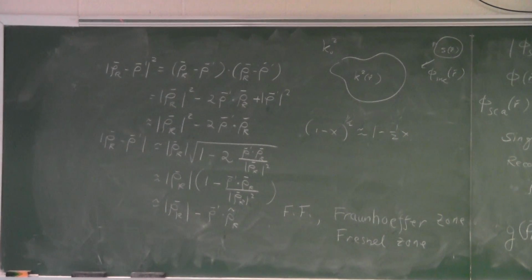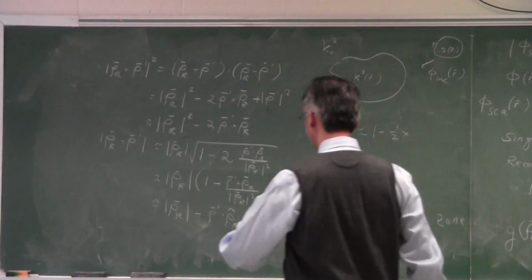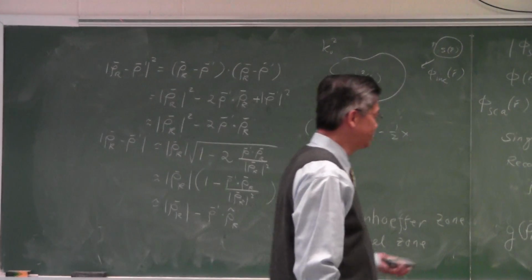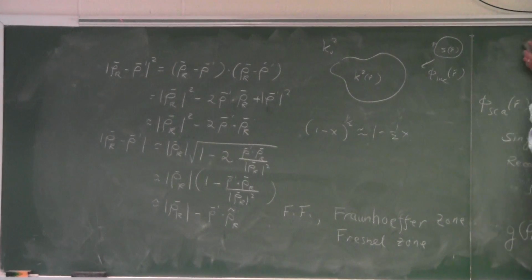This actually gives you something quite nice because it allows you to write things in terms of Fourier transform. I can also say that the incident field is generated by a point source. The incident field is due to a point source. If that is the case, then I can write the incident field also in terms of a Hankel function.